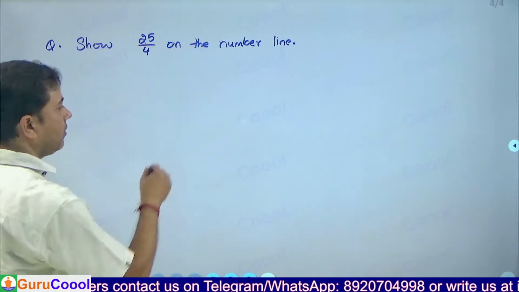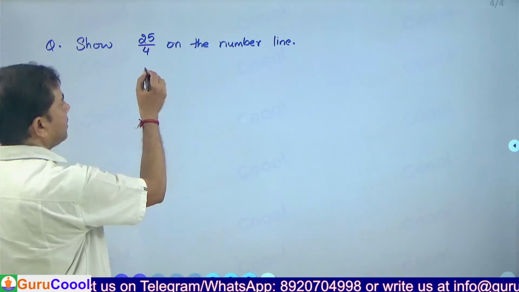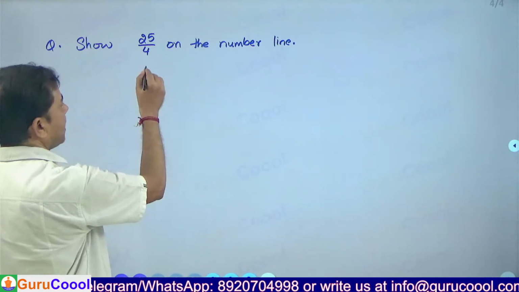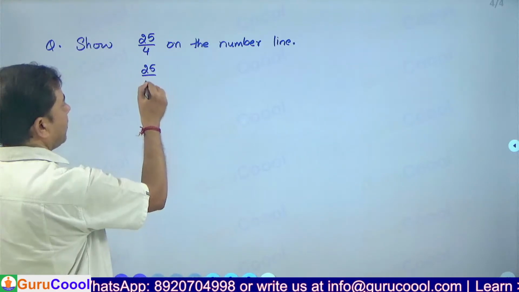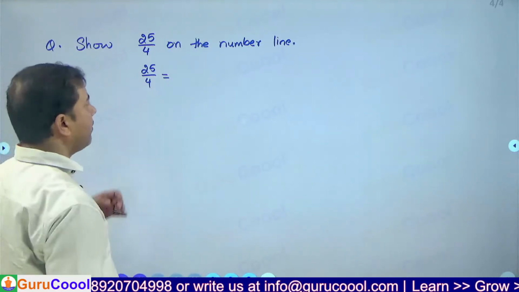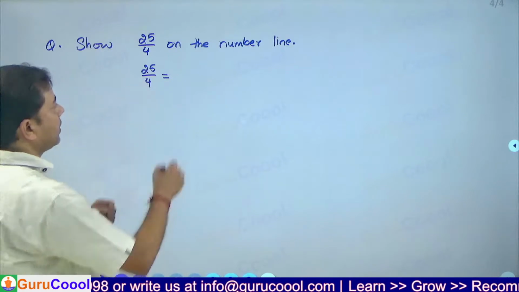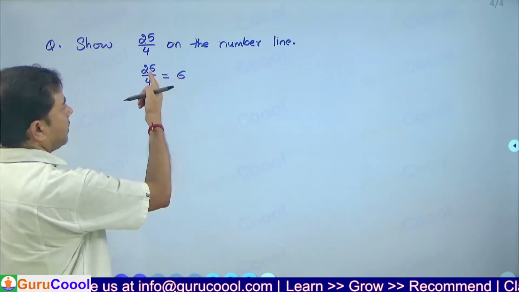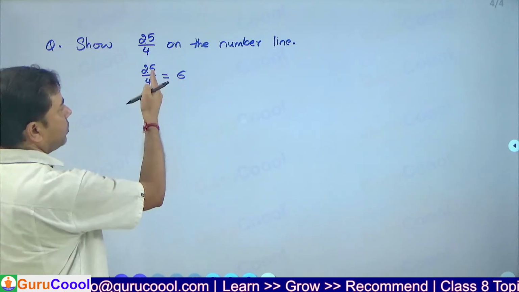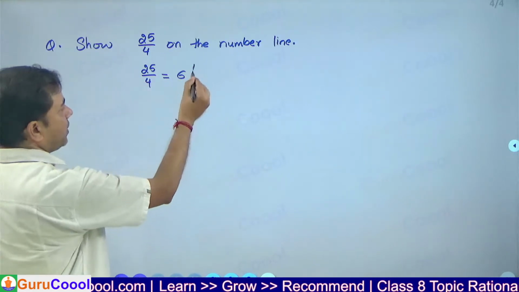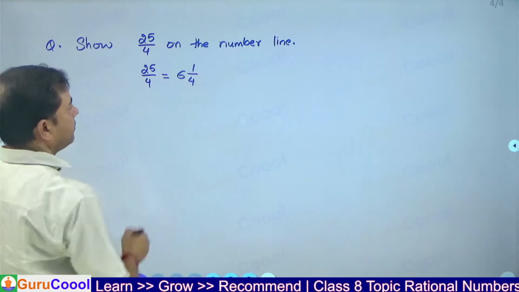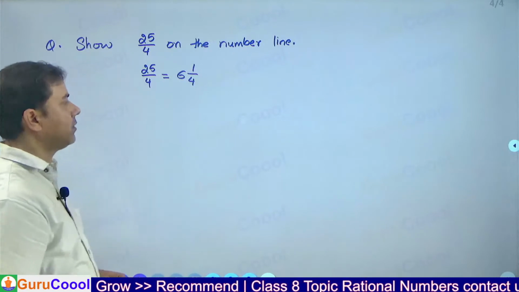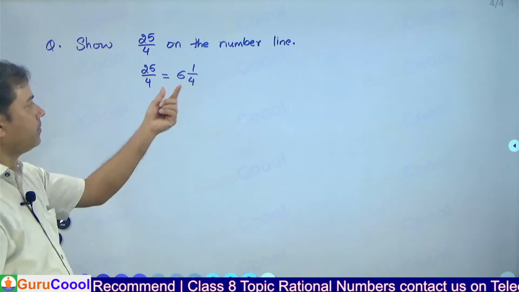To know that, we have to change it into a mixed rational number. 25 by 4. If we divide it, 4 sixes are 24. So it's 6 and more than that, just 1 more than 24. So 1 is the remainder, 6 and 1 by 4 is the mixed rational number for it.